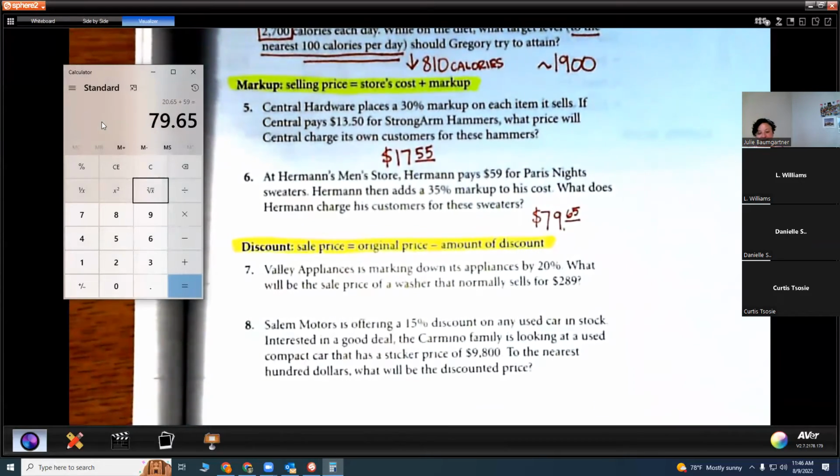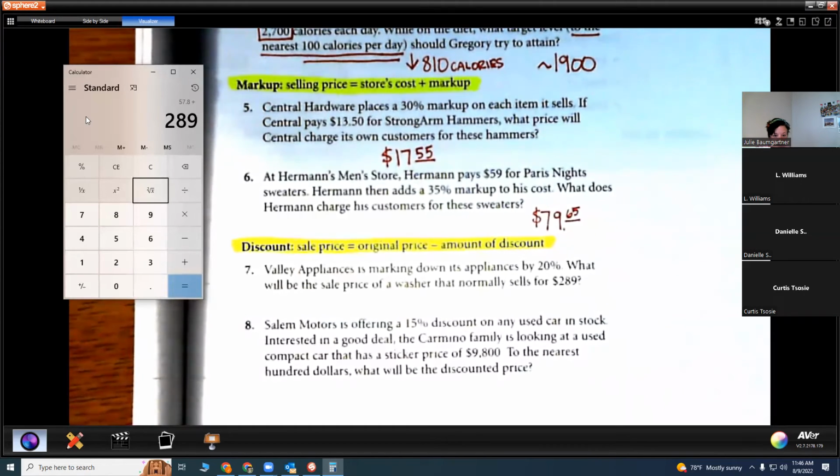All right, so then the discounts work the opposite way. Valley Appliances is marking down appliances 20%. So what would be the sale price of a washing machine that sells for $289? So $289 with a, or shoot.